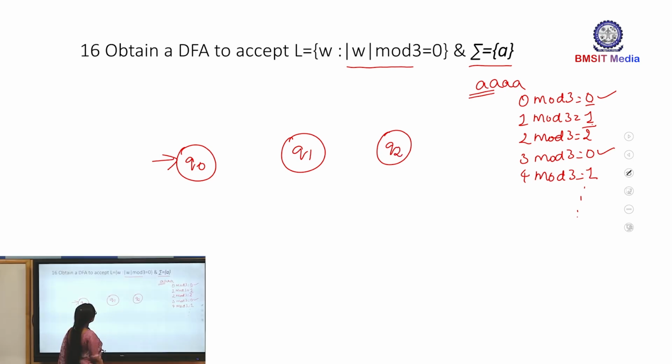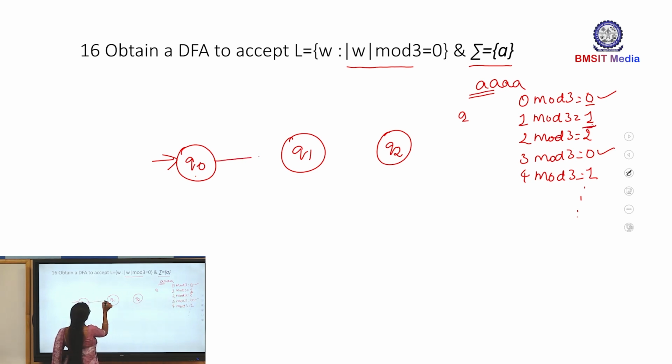Now let's see how this works. Starting with Q0, I remain in the same state, which indicates 0 mod 3 is 0. Now what happens when I see a single A? When I see a single A, in a sense it is 1 mod 3, so I should go to the state Q1.